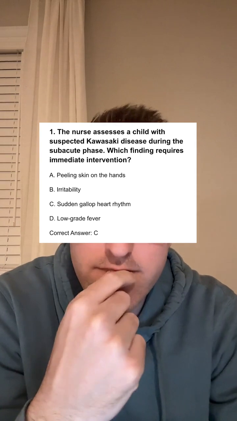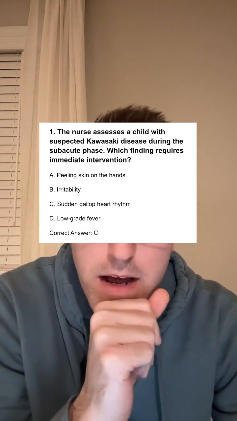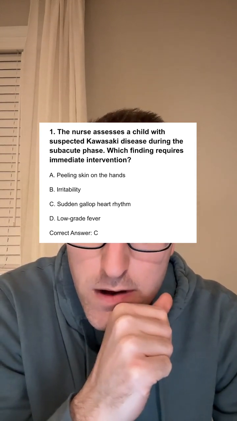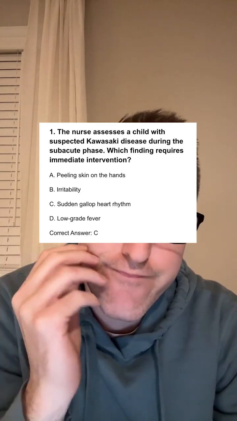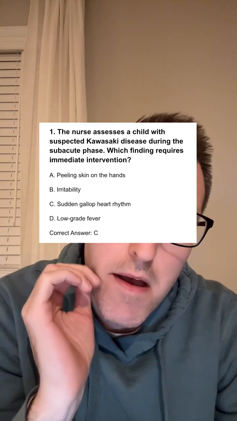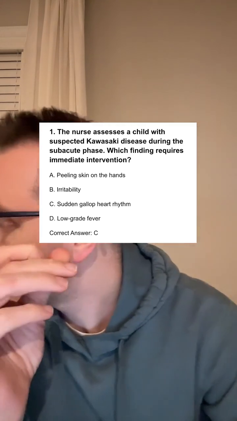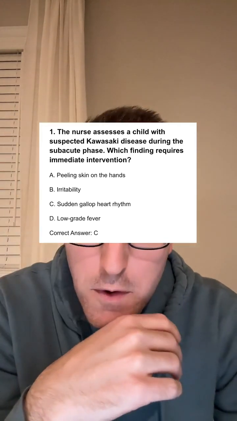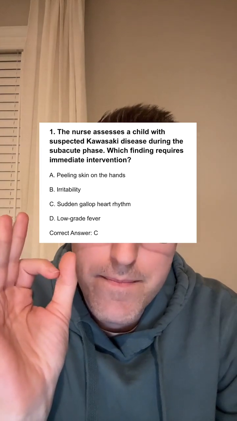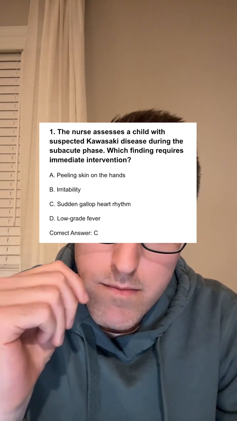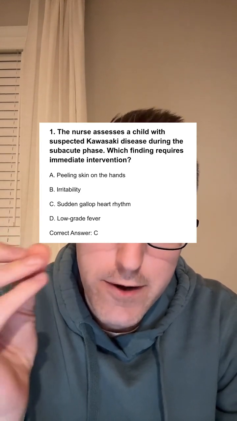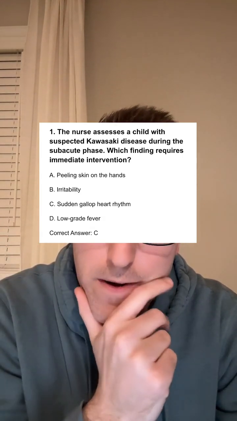Oh, I did. Apologies. So, anyone know why C is the correct answer there? That's my fault. So with the sudden gallop heart rhythm, the gallop here suggests myocarditis and impending heart failure.